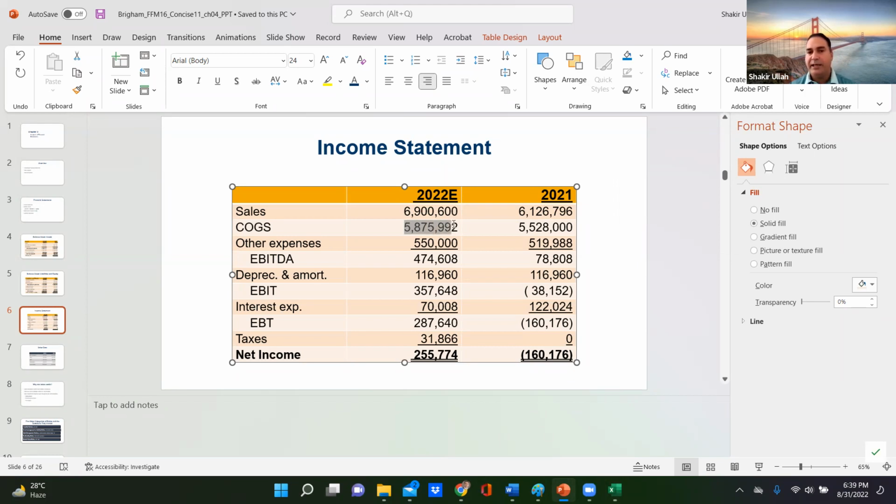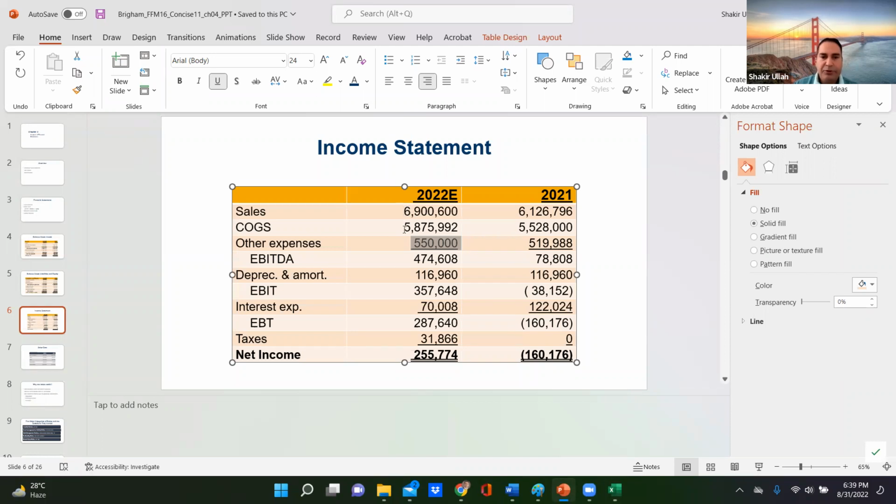That is what you paid to buy the groceries. So that is the cost of goods sold. Okay. And then you had some other expenses. So it could be, let's say, marketing expenses, rent and salaries and stuff like that. So we have a very oversimplified income statement in this case. So that number for other expenses is 550,000, right?